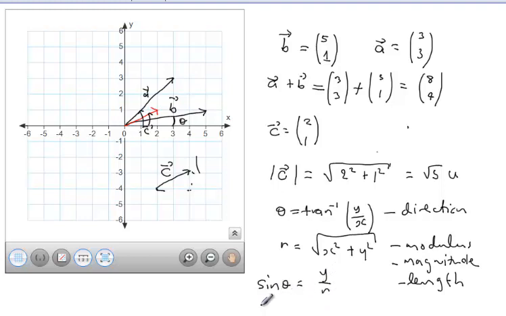So your vertical component y is given by r sine theta. That's the formula for getting that. Are we together? Then from there, your horizontal component x is given by r cosine theta. Are we together, guys? Okay.